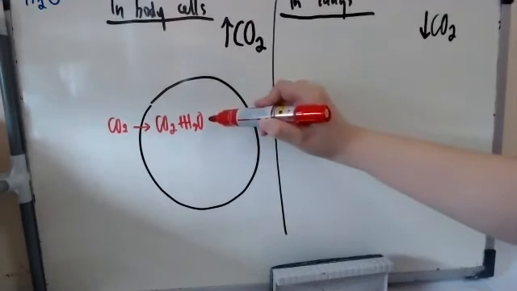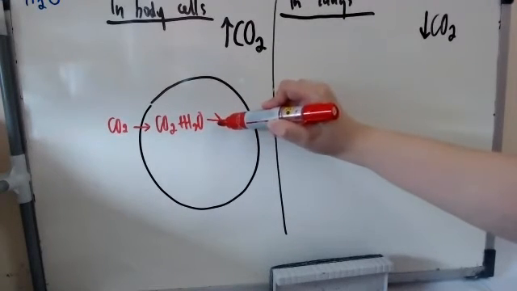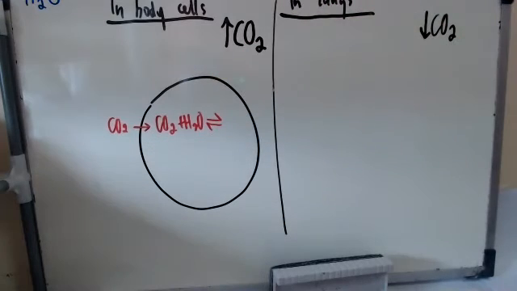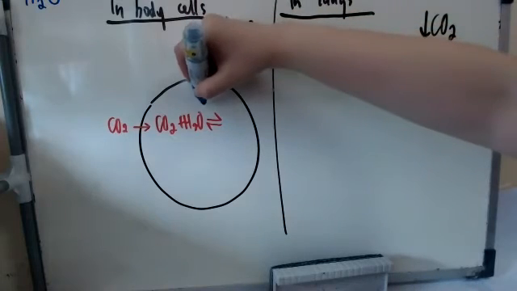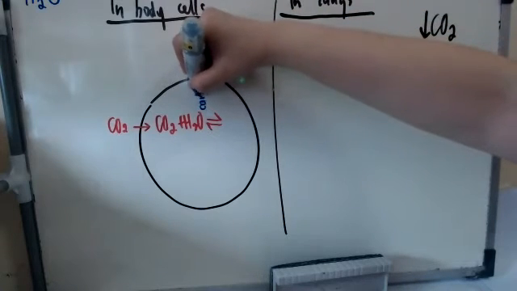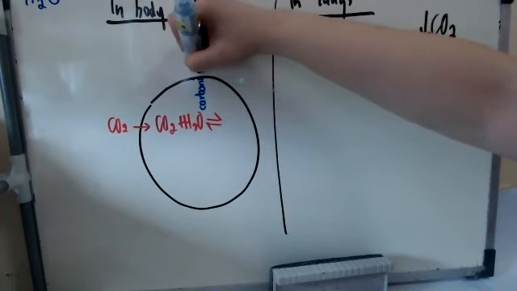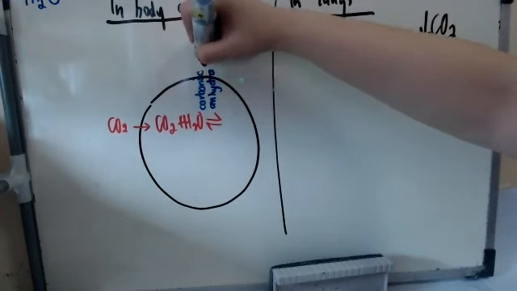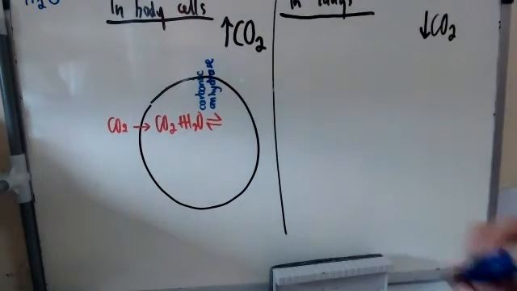With the help of an enzyme, the enzyme's name is carbonic anhydrase, which is only found in the red blood cell. That is why carbon dioxide will diffuse in.